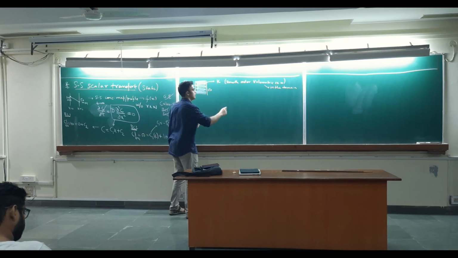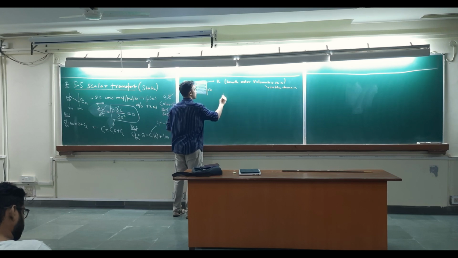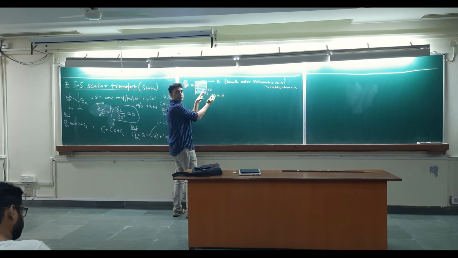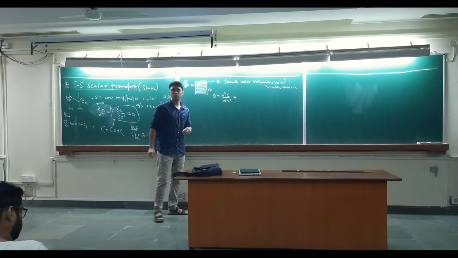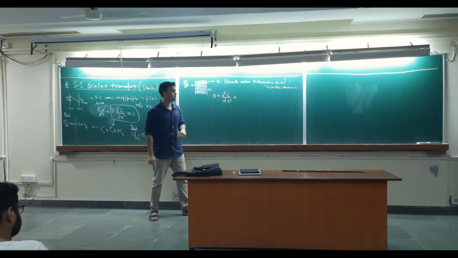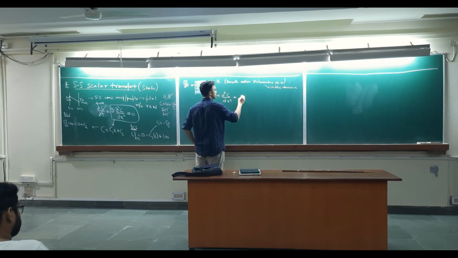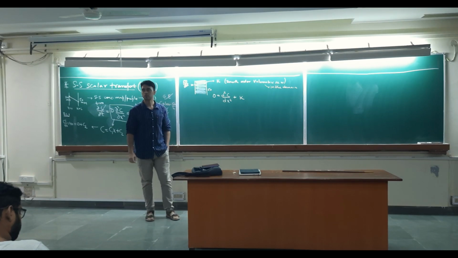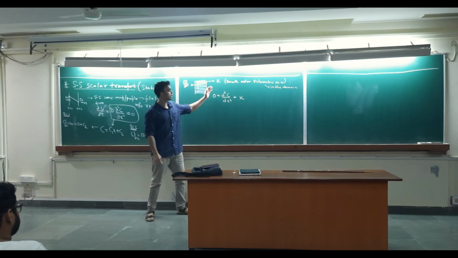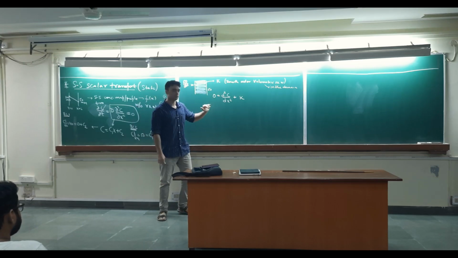Okay. So, what will you have at steady state? Let the left hand side be 0. You have d square c by dx square plus reaction term or the generation term. What is this? K, and this is, let's say, source. So K is being generated. You can take K being depleted also. Okay.